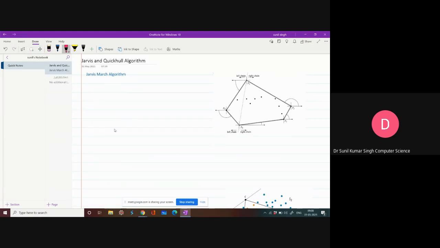It's okay, no problem. So the Jarvis-March algorithm is based on the polar angle concept.